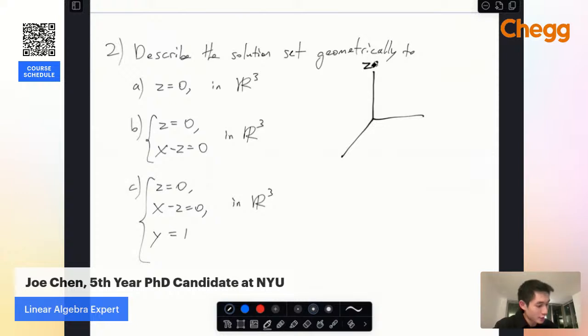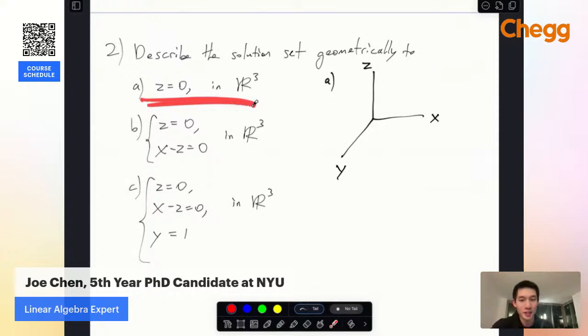This will be my z-axis, this will be my x, and this will be my y-axis. Okay, so any guesses as to what the equation z equals 0 looks like in R3 as a solution set? I'll give you a few seconds. Type in the chat if you have the answer.